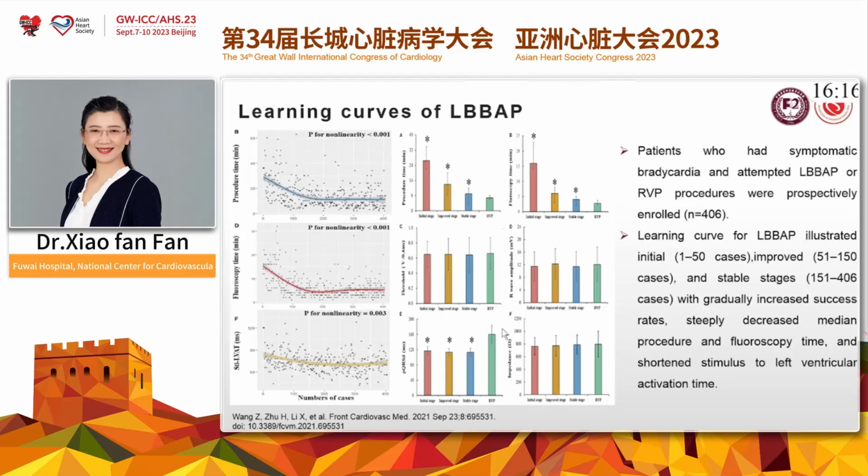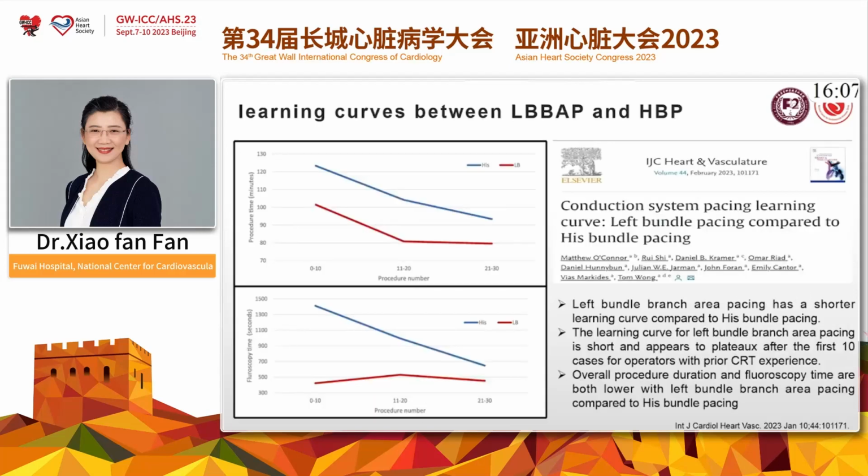However, the QRS duration with LBBAP was significantly shorter than RVP. And this year, another study also compared the learning curve between LBBAP and HBP. They concluded that the procedure duration and the fluoroscopy time are both lower in LBBAP when compared with HBP.